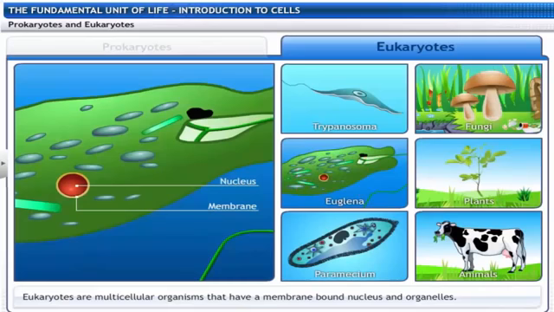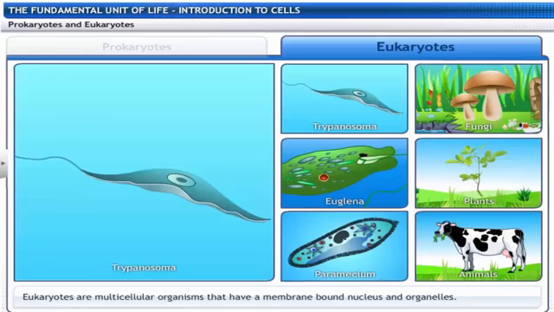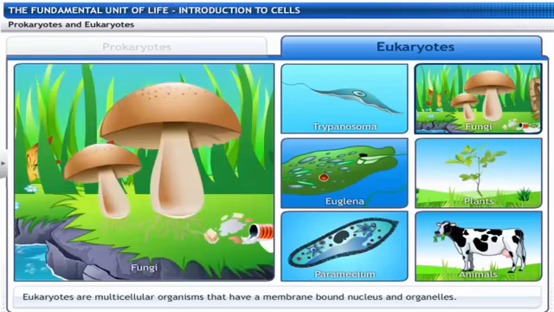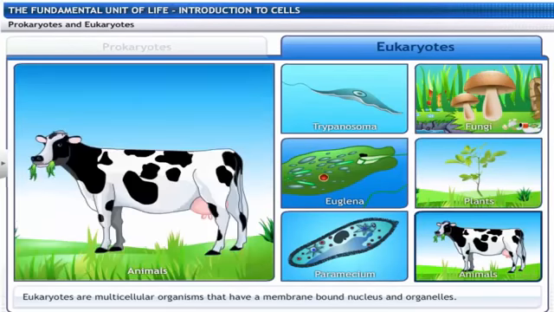Eukaryotes are characterized by a membrane-bound nucleus and organelles. Eukaryotes can be unicellular, such as trypanosoma, euglena, paramecium, or multicellular such as fungi, plants, and animals.